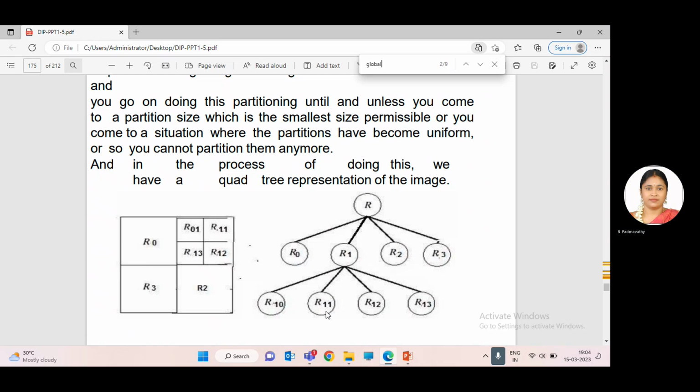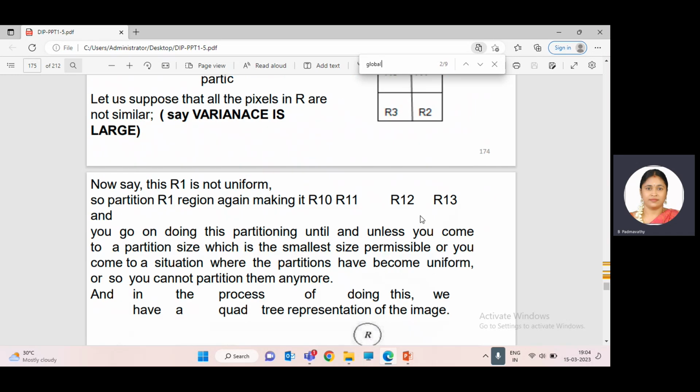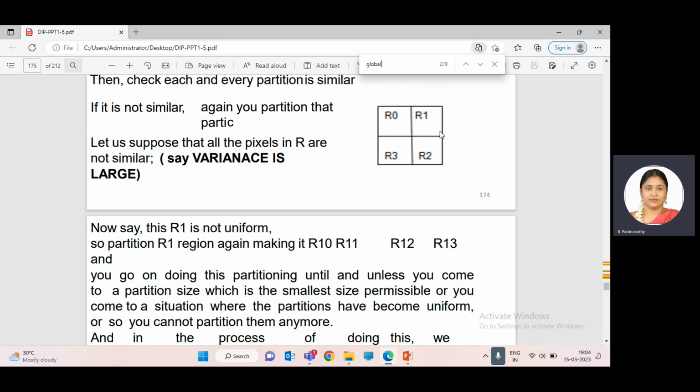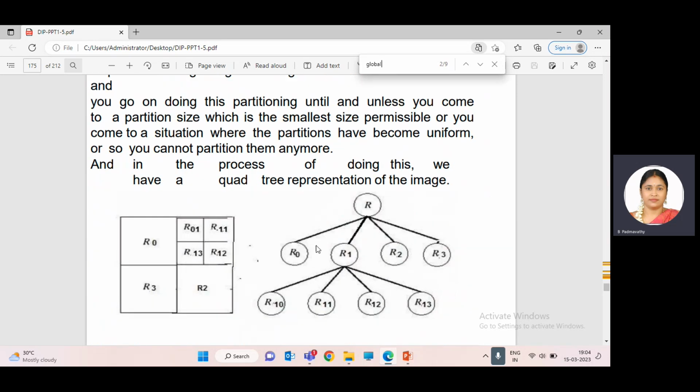So if I segregate R, see this is the entire image R. I'm partitioning it into 4: R0, R1, R2 and R3. And again I want to split R1. So what happened to R1? R1 is again split into 4: R10, R11, R12 and R13.